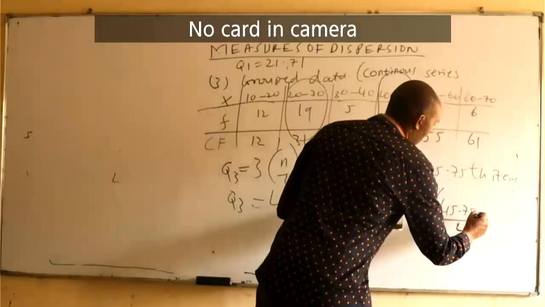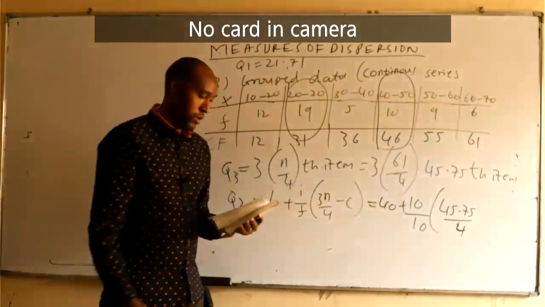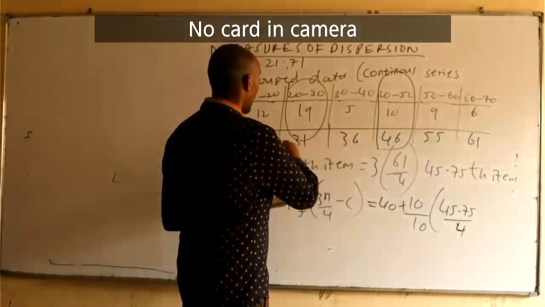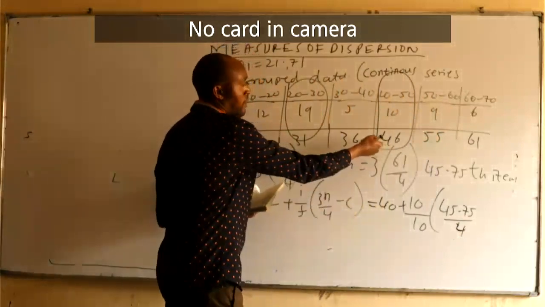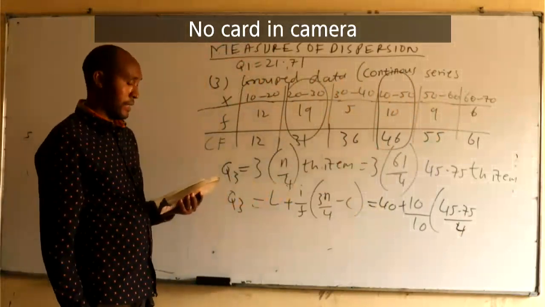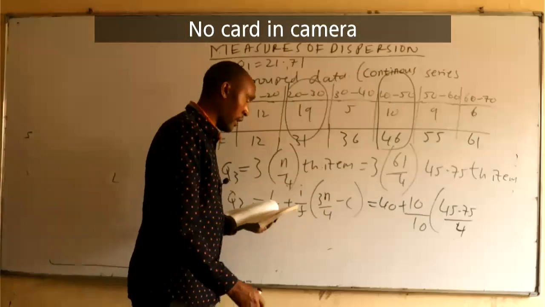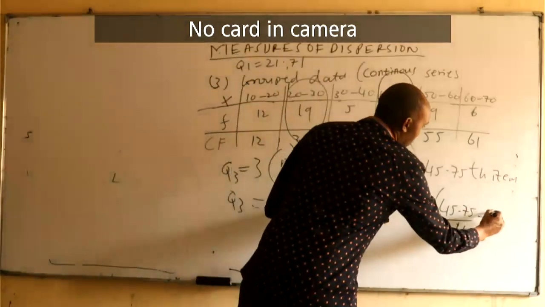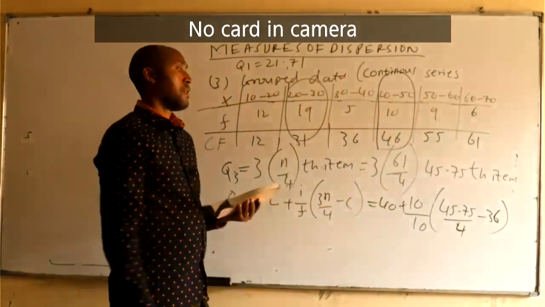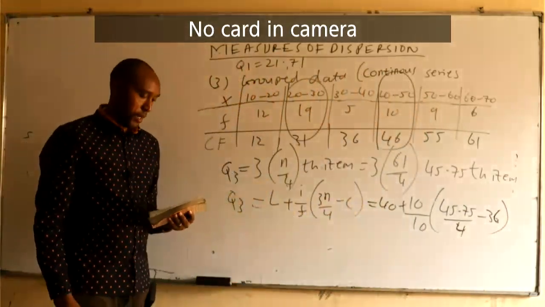Then what do we do? Yes, C. We have said C is the cumulative frequency preceding the quartile class, which in this case is 36. So using BODMAS, calculate and give me the answer.